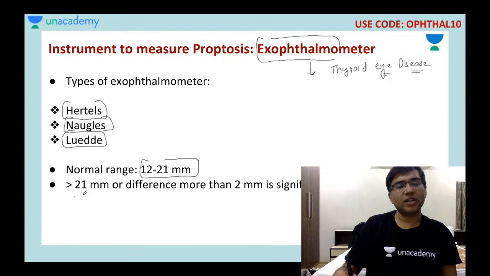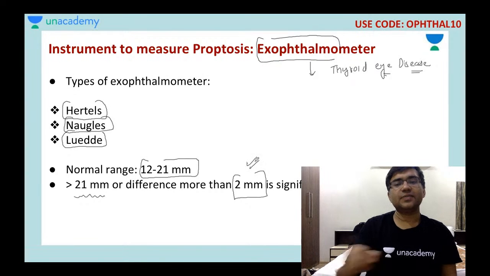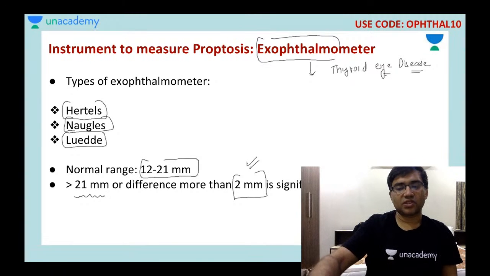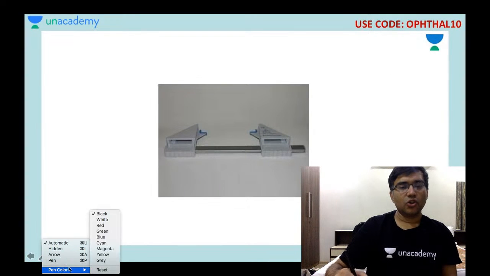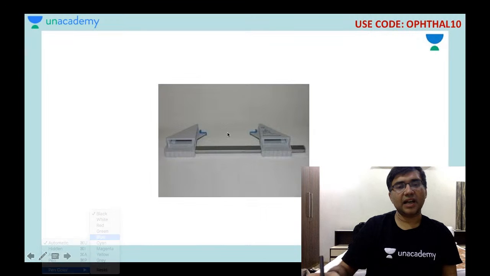If it is more than 21 millimeters, or the difference between the two eyes is more than 2 millimeters, this means the patient is having proptosis. This is the meaning of proptosis. Now I will show you how the exophthalmometer looks. As you can see, this is an exophthalmometer.